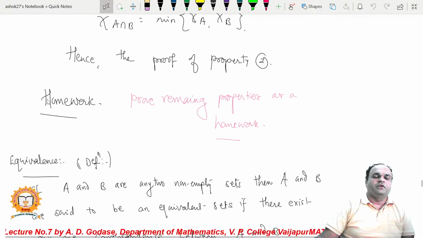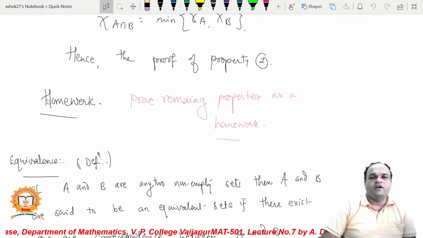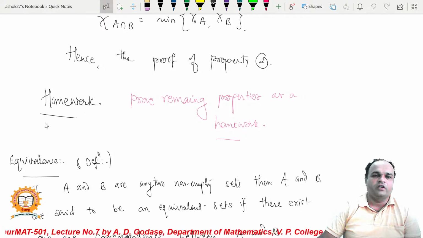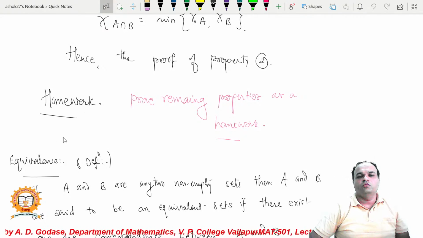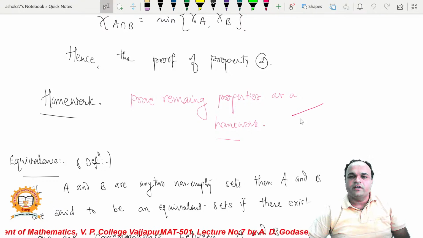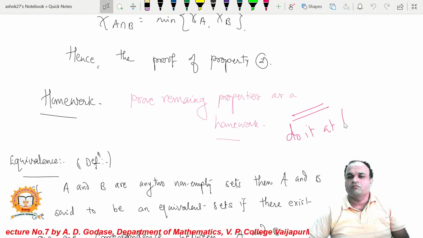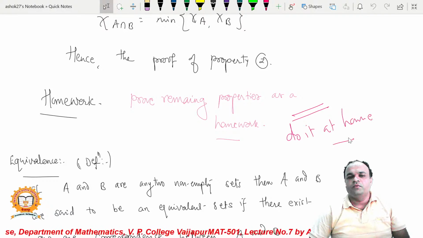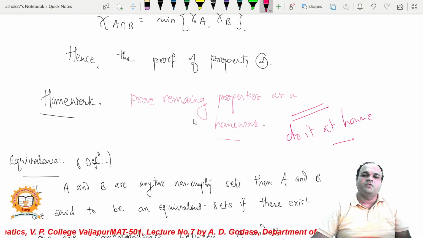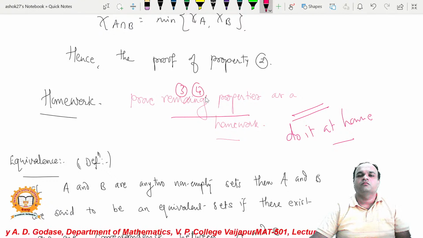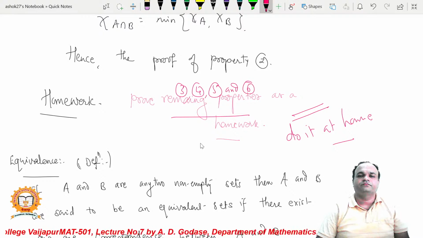The remaining properties, that is property number 3, 4, 5 and 6, in a similar way you can prove at home. So I'm giving it for homework. So do it at home. The remaining properties, say 3, 4, 5 and 6.